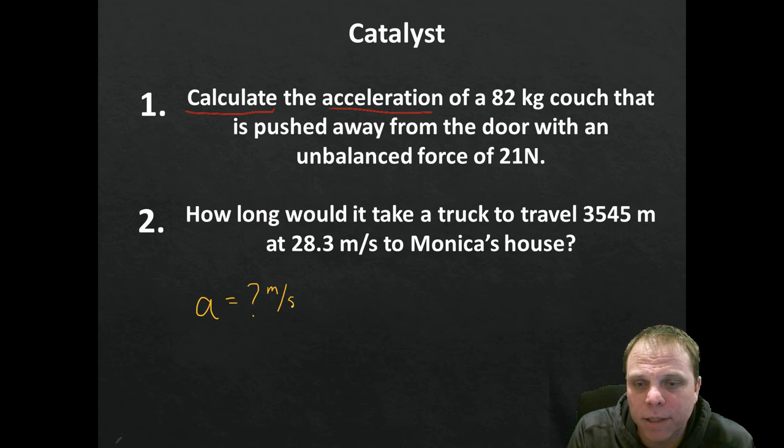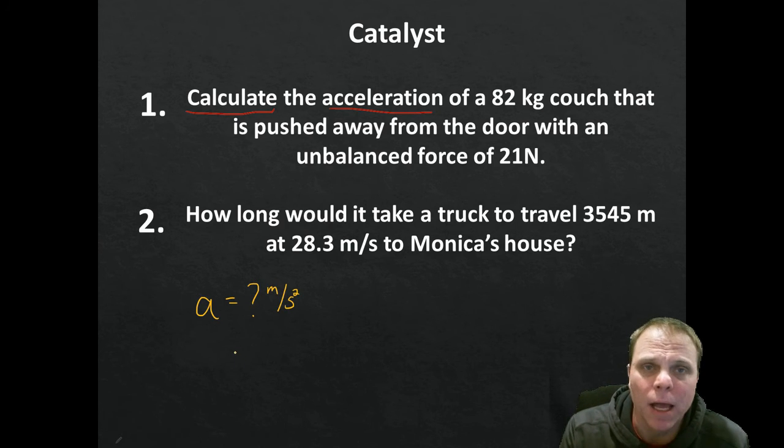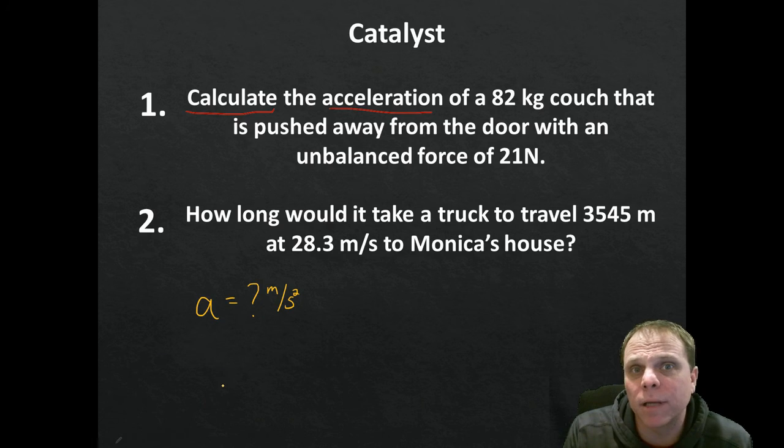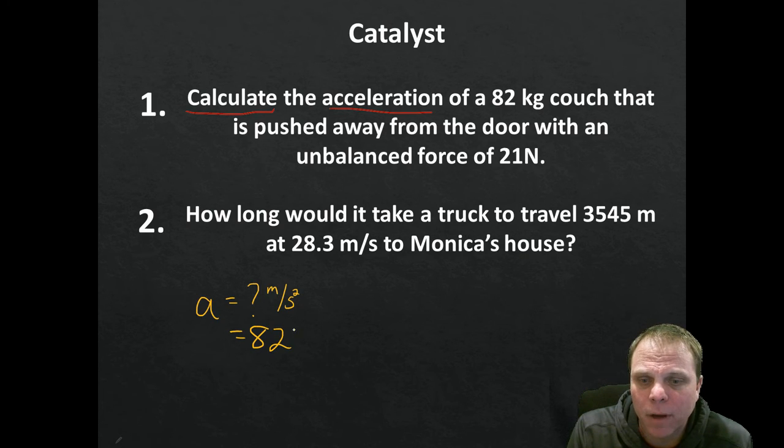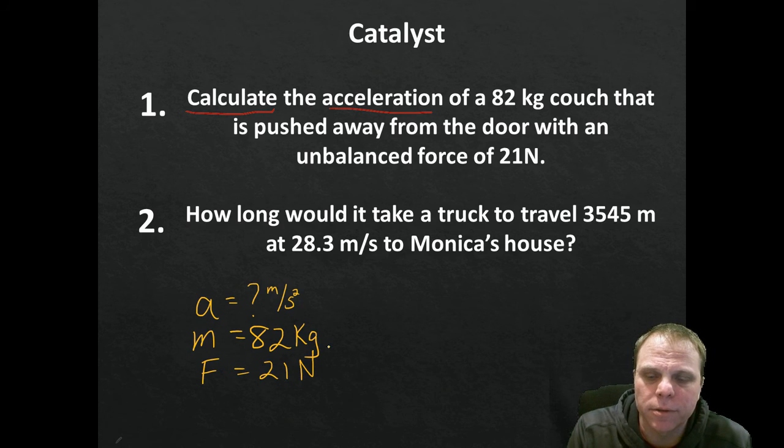We know acceleration is typically in meters per second squared. If you were talking about the acceleration in the English system, or the common system, you might be talking about feet per second squared. It says you have an 82 kilogram couch. So that's going to be our mass. And then you have a force of 21 newtons.